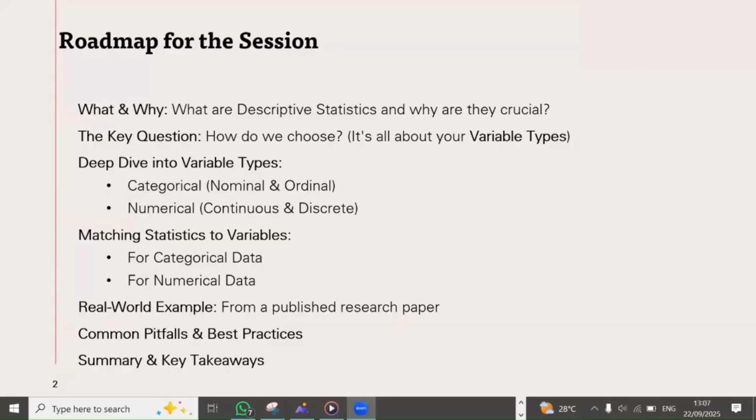Then we're going to dive into variable types, looking at categorical and numerical variables. And then we're going to do some matching of statistics to variables, to see how each statistic fits particular variables. And then we're going to look at some examples and then look at common pitfalls and best practices. And then we'll summarize and have key takeaways.